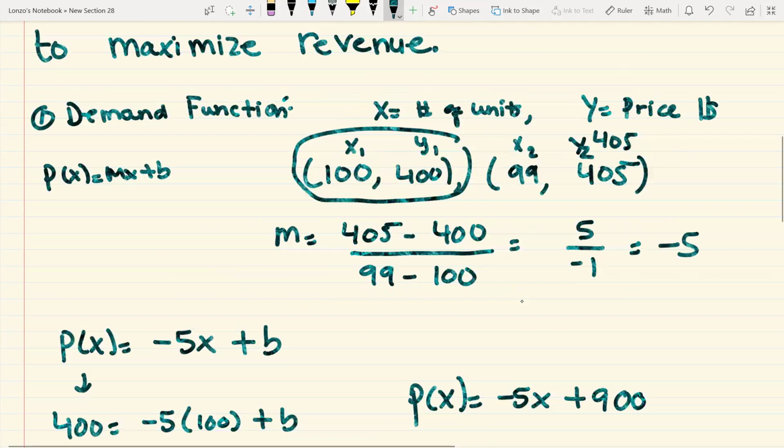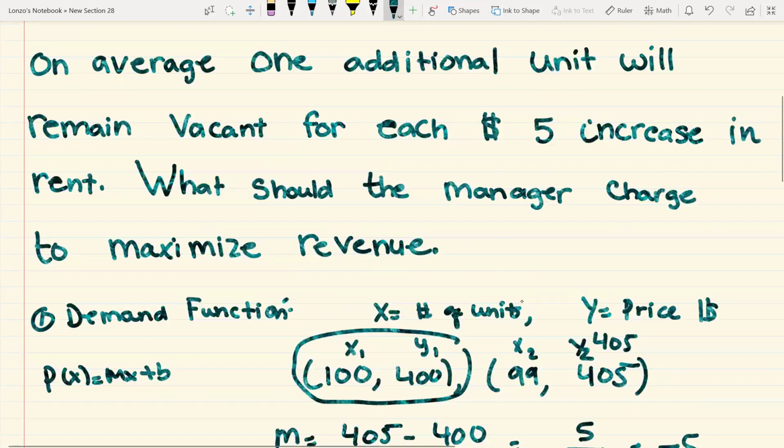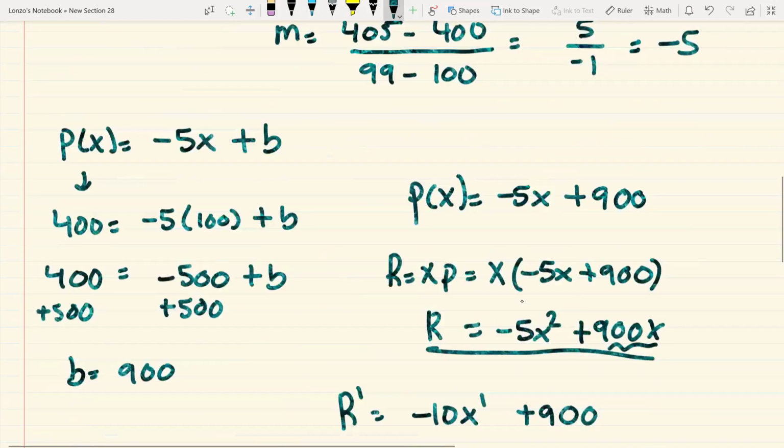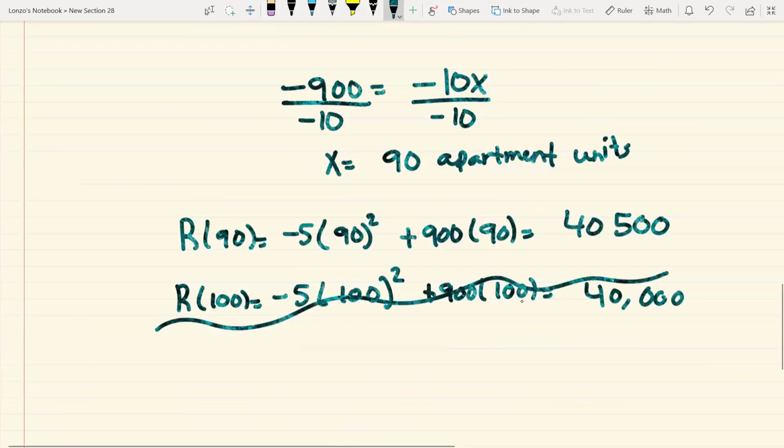The question states, what should the manager charge to maximize revenue? So they're not asking how many apartments to rent or what the maximum revenue is. They're asking what rent the manager should charge in order to maximize revenue. I did this to make sure that at 90 apartments you get the maximum revenue.